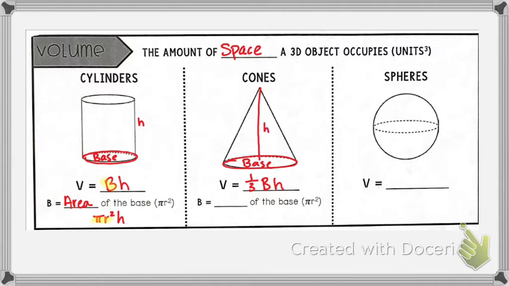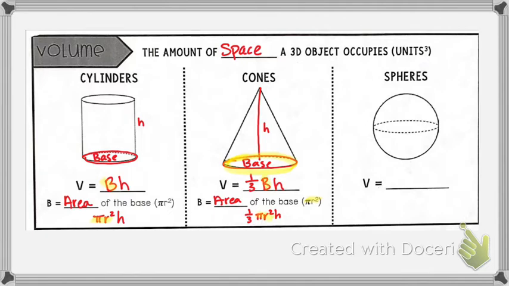A reminder, B is the area of the base, and here it is a circle, so it will be pi r squared. So in reality it will be 1/3 pi r squared times height, because B is that pi r squared.